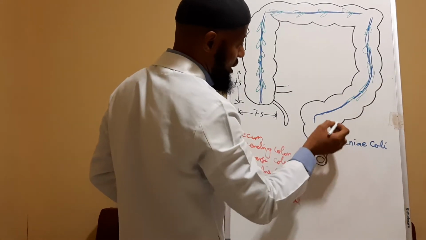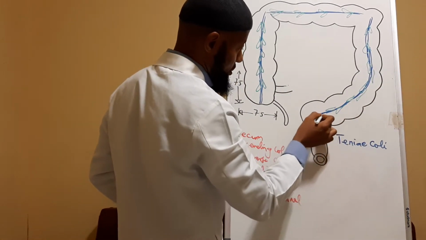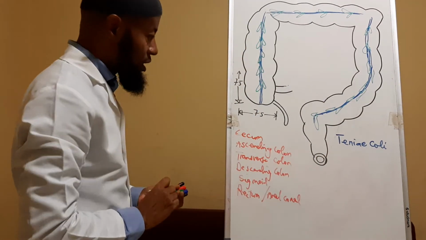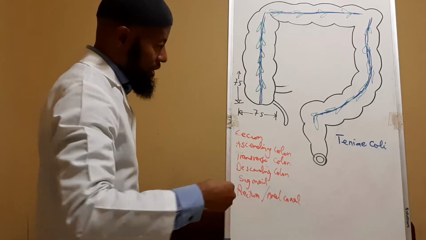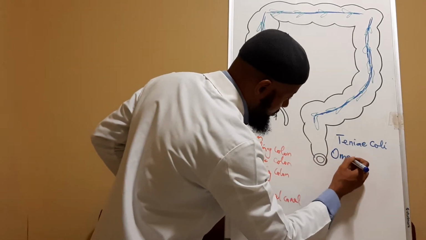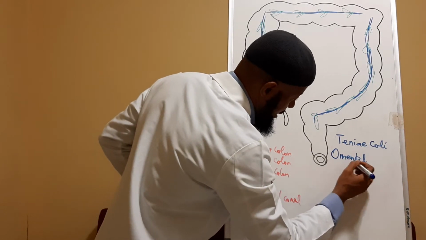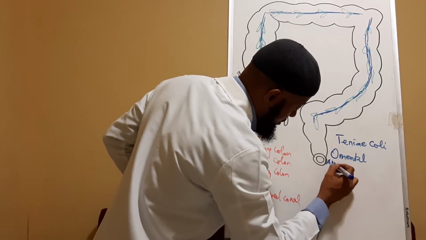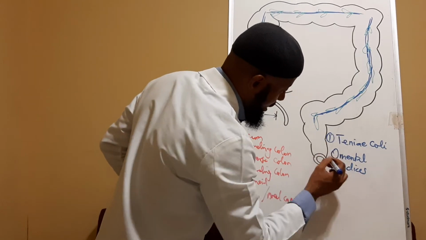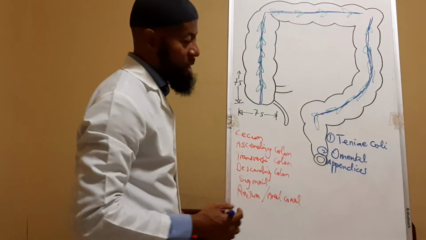They are attached to the taenia coli. So the other distinguishing feature is the omental appendices. So that's the first thing. Second is the omental appendices.